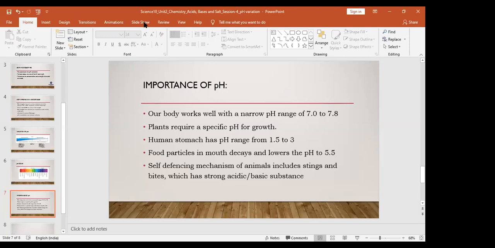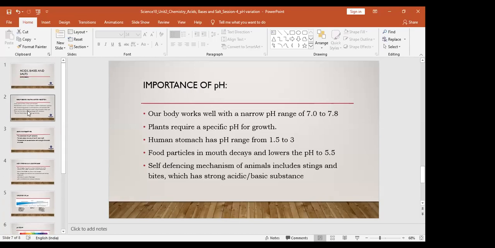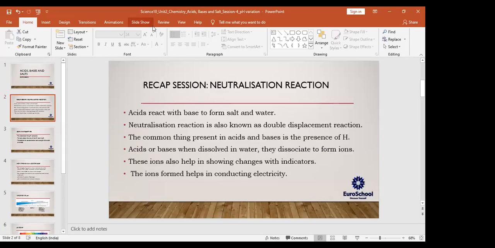Anybody else? Any doubt? No, ma'am. Yes, ma'am. Can I ask questions? Yes. Okay. Maisha, what is a neutralization reaction?